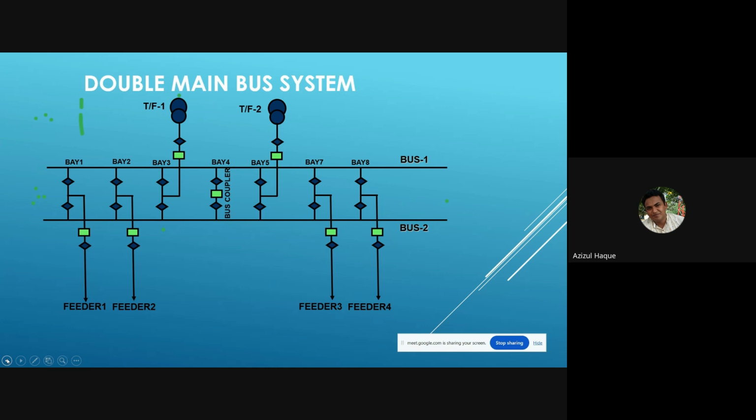If the frequency of the two incoming powers is not the same, we cannot connect the two powers directly. Then there will be a huge accident. So we have to synchronize the power. The frequency of both the powers should be the same, and only then can we connect the two buses. For that purpose, this bus coupler bay is there, which synchronizes the power of both the buses and then connects them, making a single unit.